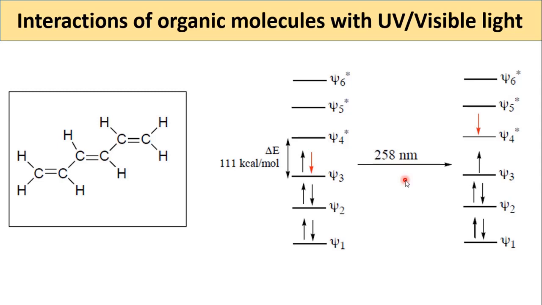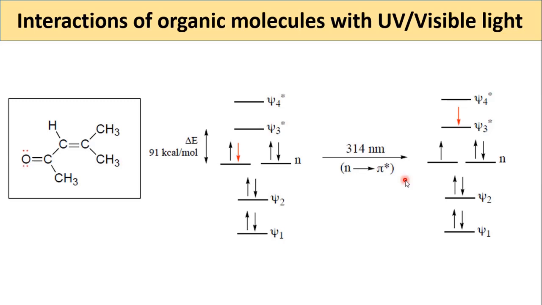So maybe in next examples, if we increase the number of double bonds and create a great conjugated system, the energy gap will be so small that it can be crossed by just absorbing light in the visible region. So we'll see a different example.